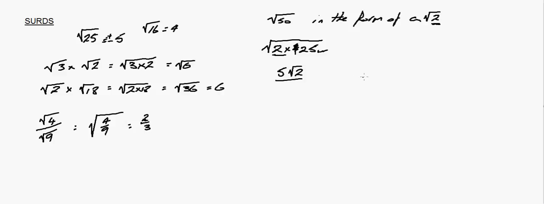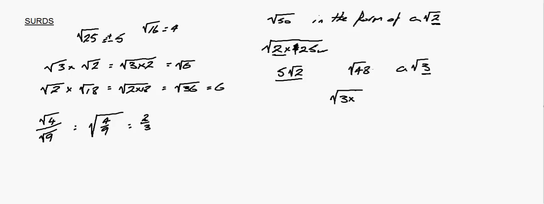Okay, so let's say for example we have root 48, and they say put this in the form of a root 3. Now this 3 is the clue, so root 3 multiplied by something will give me 48.